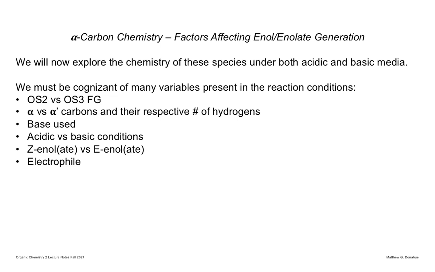So you can run these reactions under acidic or basic media. So acidic, again, is going to be enol. Basic will be enolate. And the variables are whether you're starting with the aldehyde or ketone, or ester, amide, any other oxidation state 3 functional group.